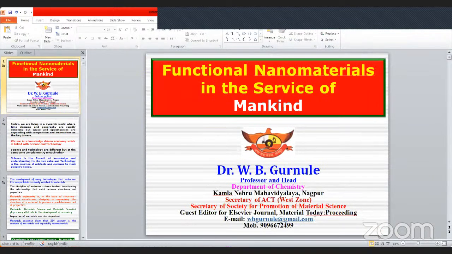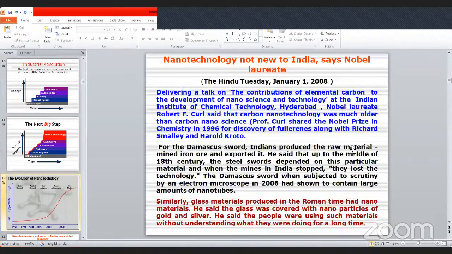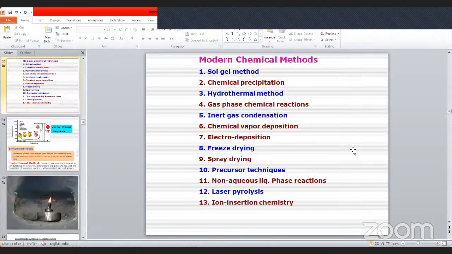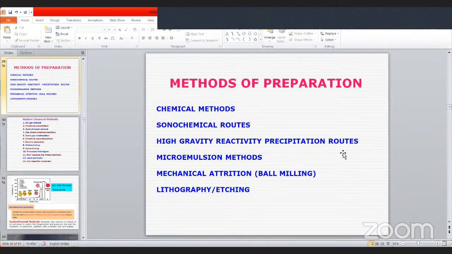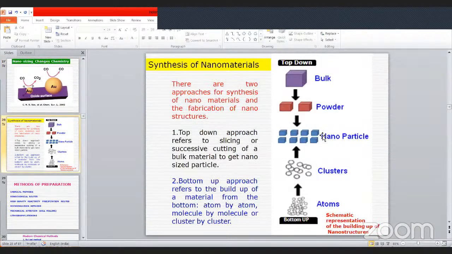The next slide shows why this is happening, I don't know. So this is the change of chemistry, and here these two approaches we already discussed, top down and bottom up.